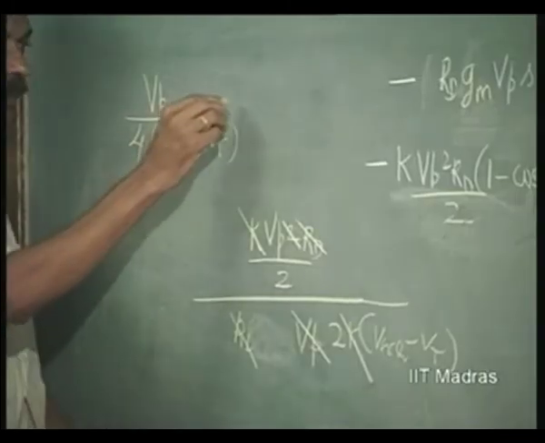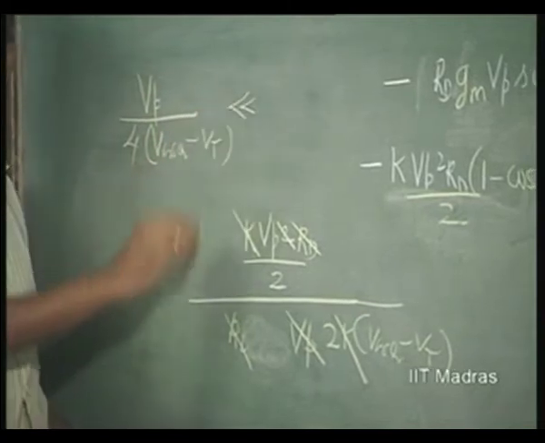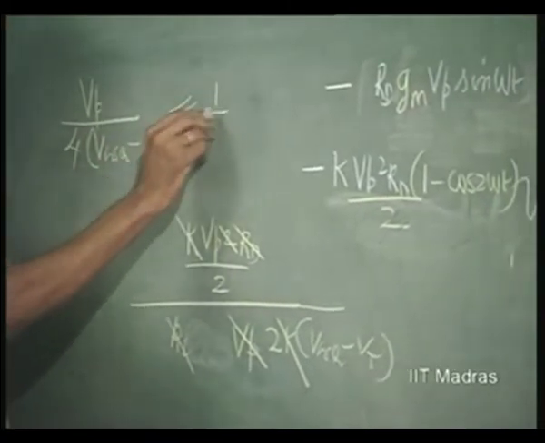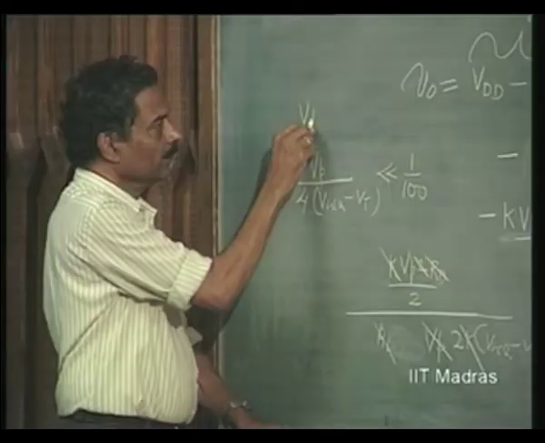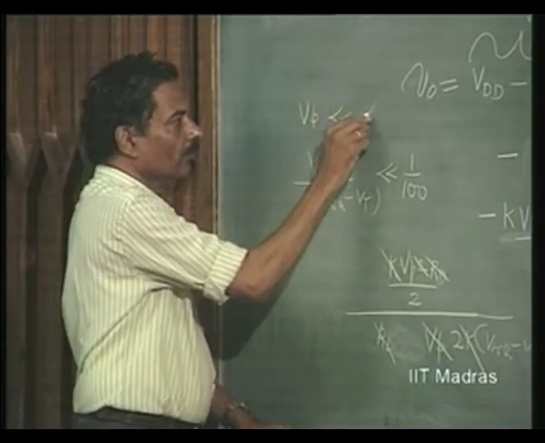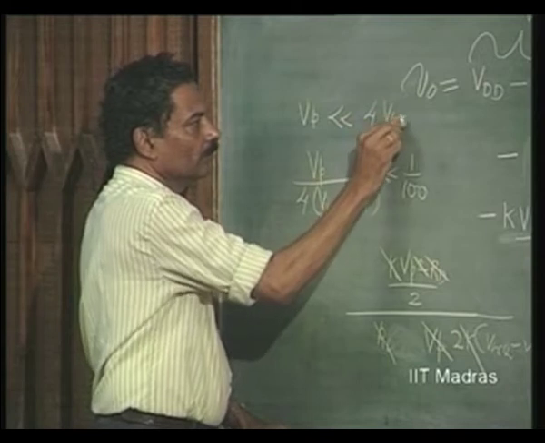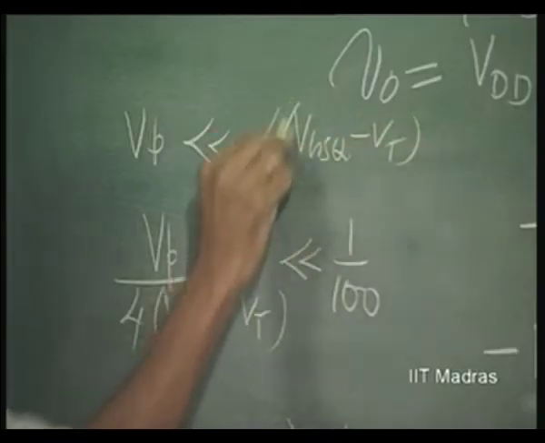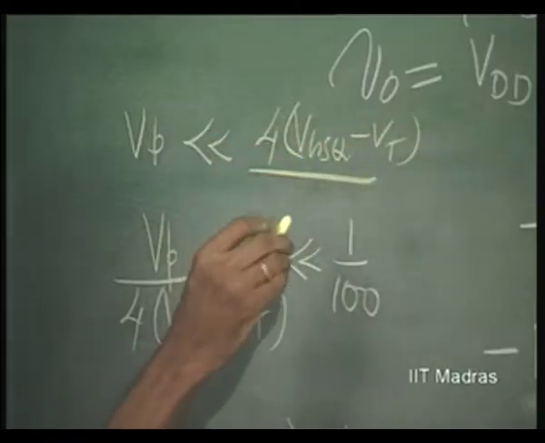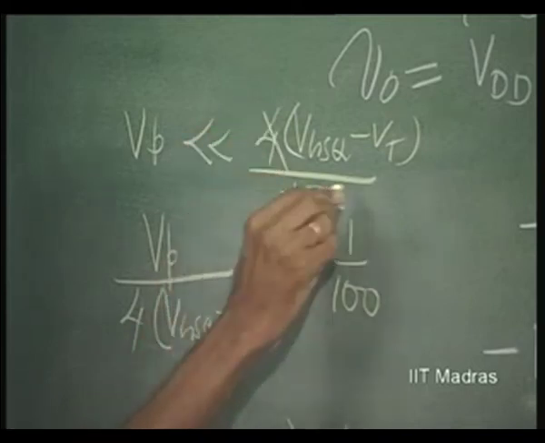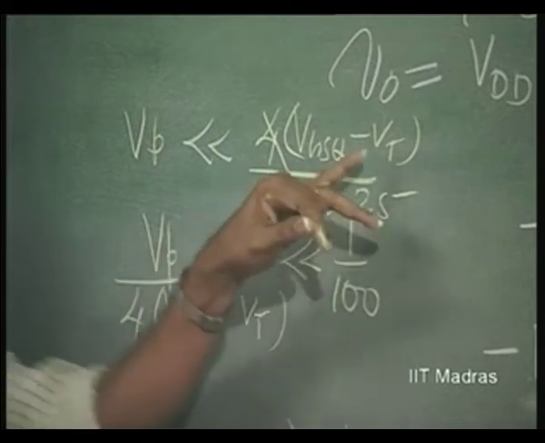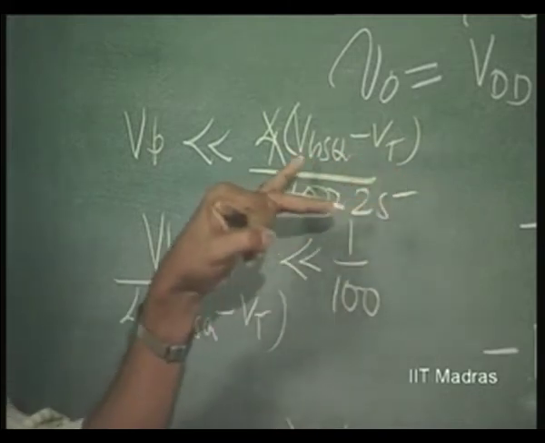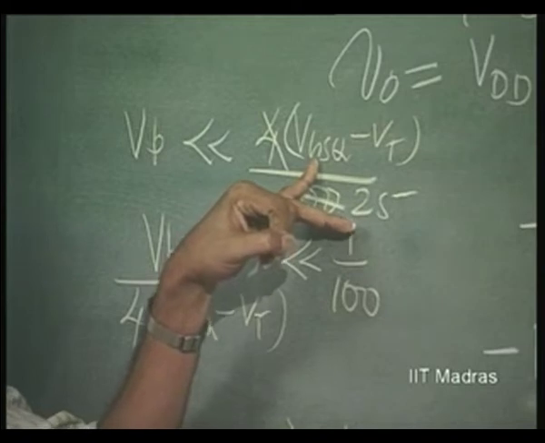If this is to be kept at much less than 1%, that means 1 over 100, then you can find out what Vp should be. Vp should be much less than 4 times VGSQ minus Vt divided by 100. So, let us take Vt as 1 volt, VGSQ as let us say 2 volts.